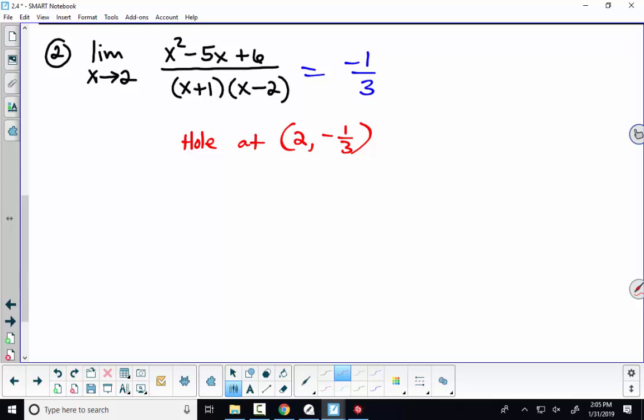Work that out, factoring the top and bottom.